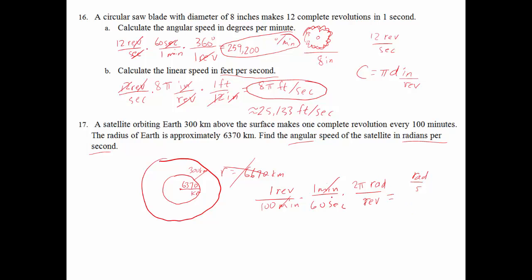So once you do that, you're going to get radians per second. And when you finish, you should get 0.001047 radians per second. Or your calculator will probably give it to you in scientific notation like this, times 10 to the negative 3. Okay, that's it.